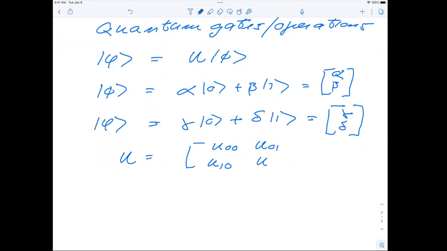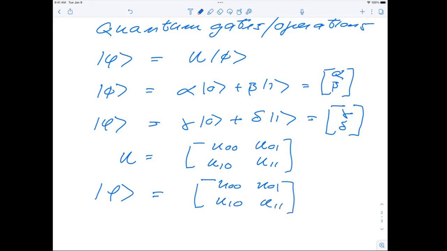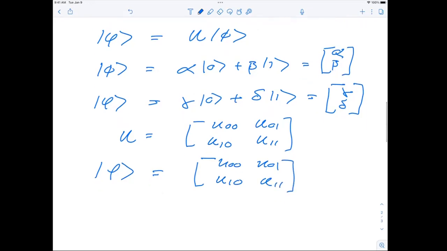These are the coefficients of this unitary transformation matrix. And then we multiply this with alpha and beta.